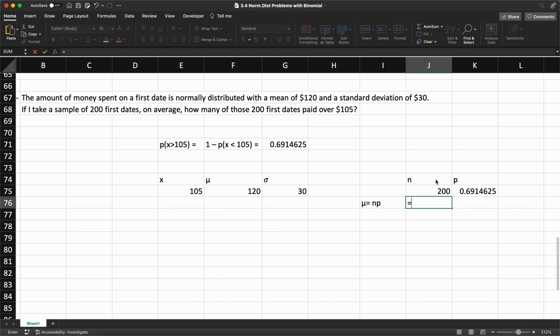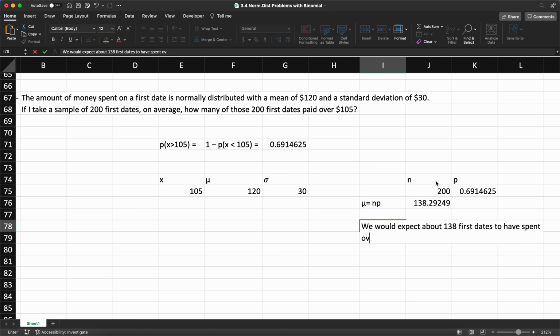So in this case, it's going to be equal to N times P, and we get 138.3. So we would expect about 138 first dates to have spent over $105.